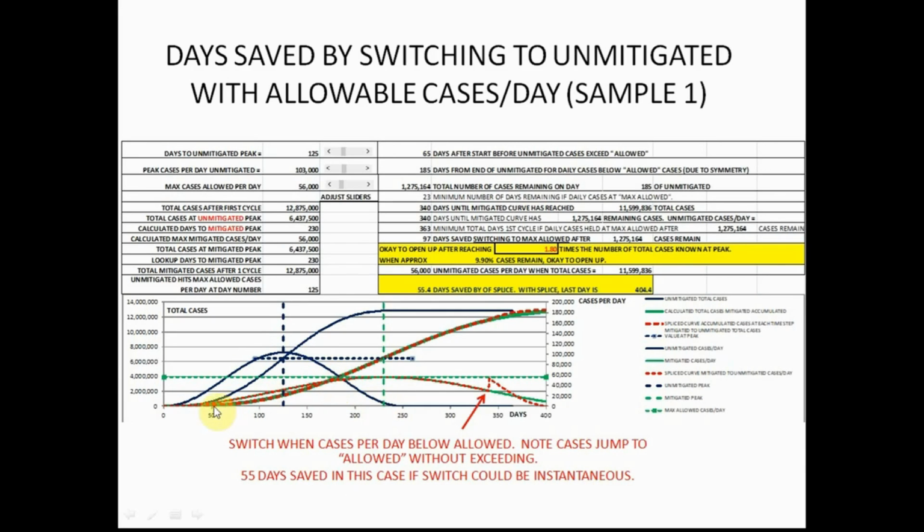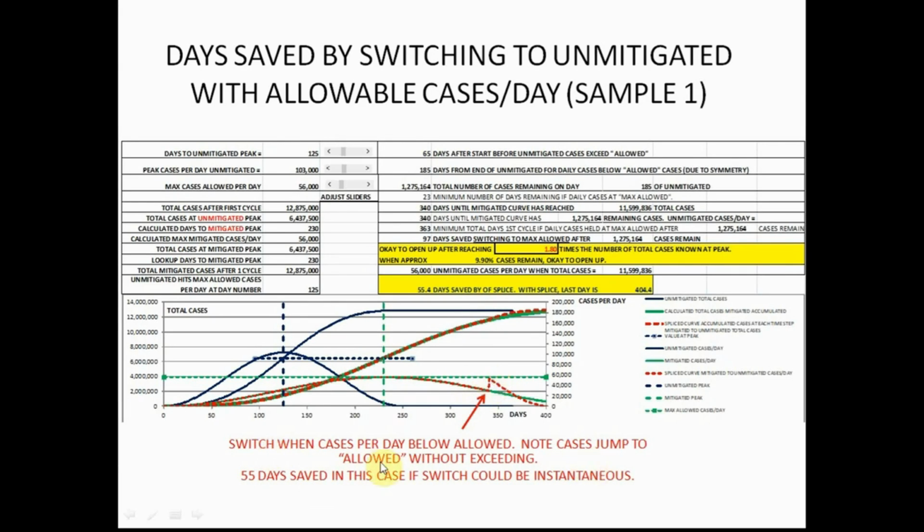The green curve is the cases per day with mitigation, and here is the total number of cases. Now the red curve follows the green curve, and then at this point in time jumps up and hits the allowable limit, as if we could turn off mitigation with a light switch.